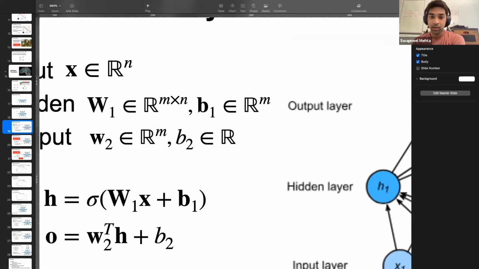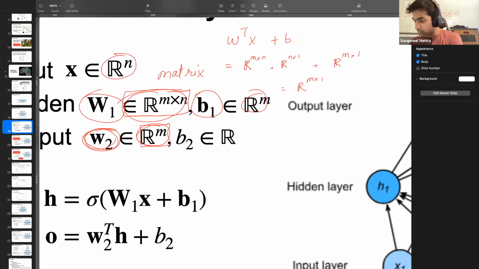W2 is R^m only if the number of output neurons is 1, right? I think so, because the output layer, wait, let me double check. No, I don't think so, because this results in, okay, got it.